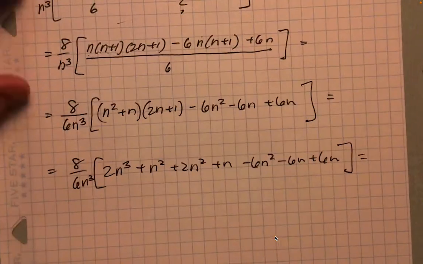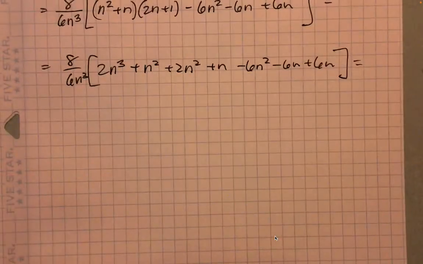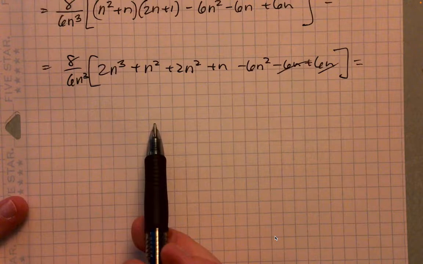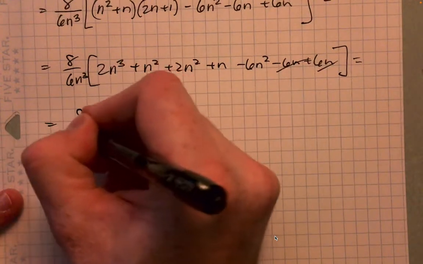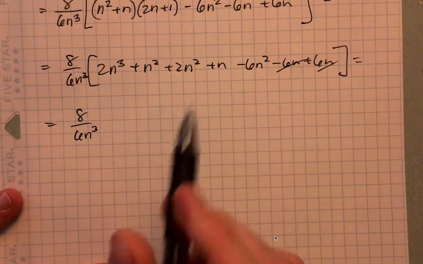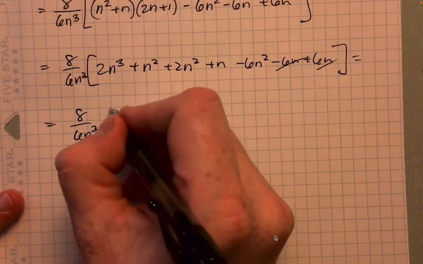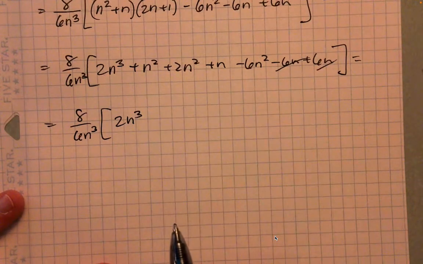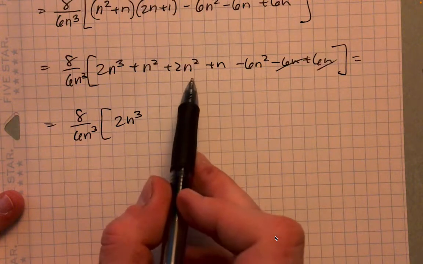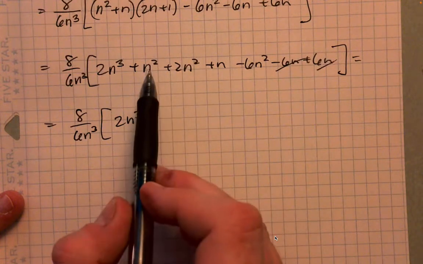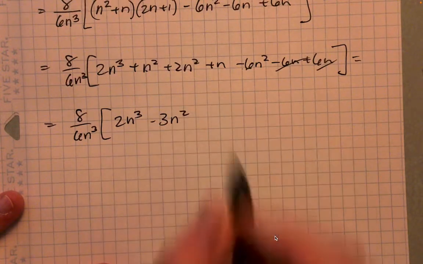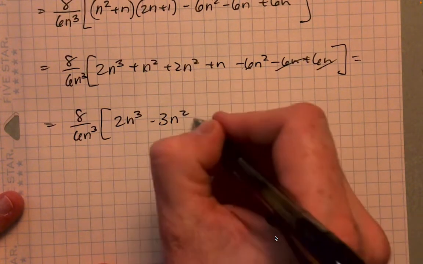Okay, so you get that. And then a bunch of this stuff is going to collapse down, right? So clearly these will go away. And ultimately what you end up with here is 8 over 6n cubed, and you get 2n cubed, and then minus 3n squared. So here you're going to have 2, 3, and then minus 6. So minus 3n squared, and then just plus n.